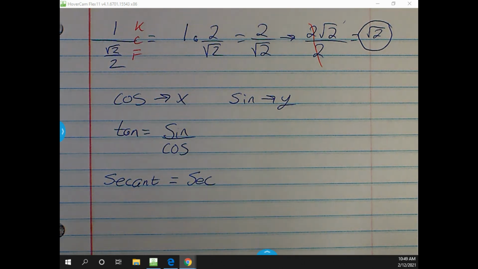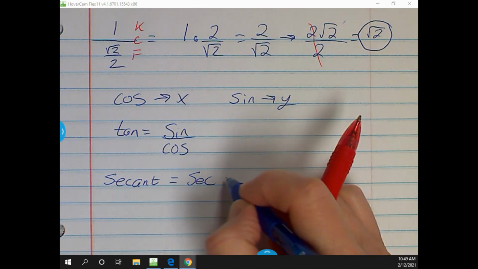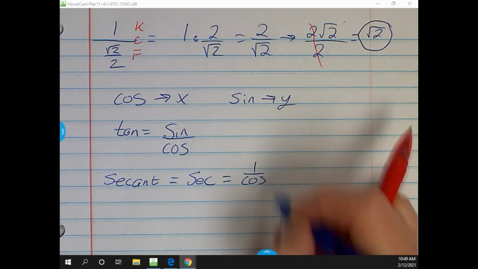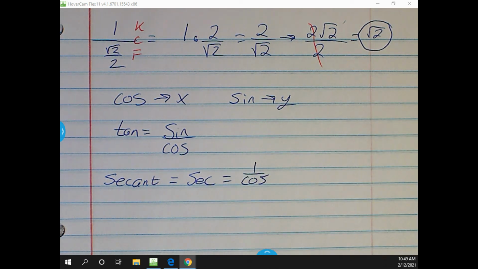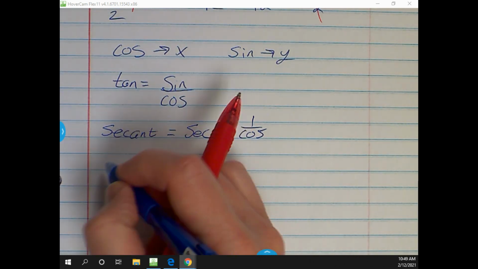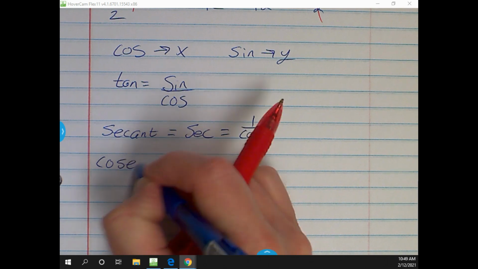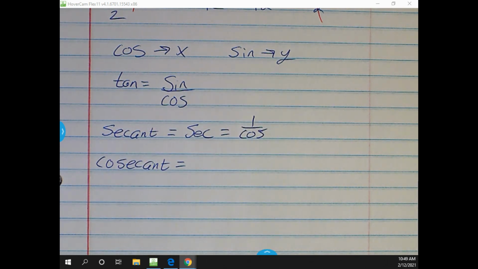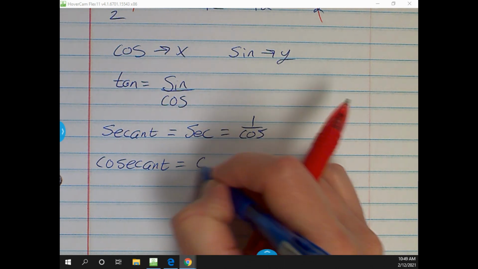And for secant, it's going to be 1 over cosine. We're going to talk about cosecant. And the abbreviation for cosecant is CSC.